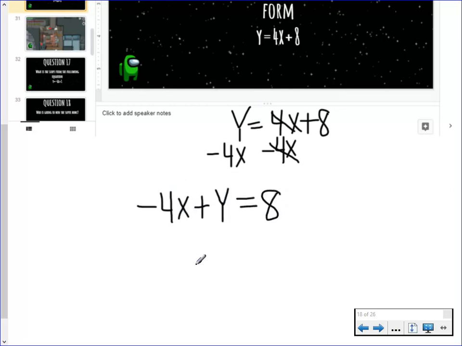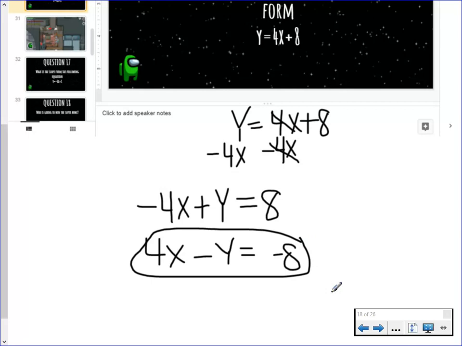Is your first number negative? If it's negative, you do the opposite of all of this. The opposite of negative 4x is 4x. The opposite of positive y is negative y. The opposite of positive 8 is negative 8. And this would be your answer right here. We worked on that the other day. So that is number 16.